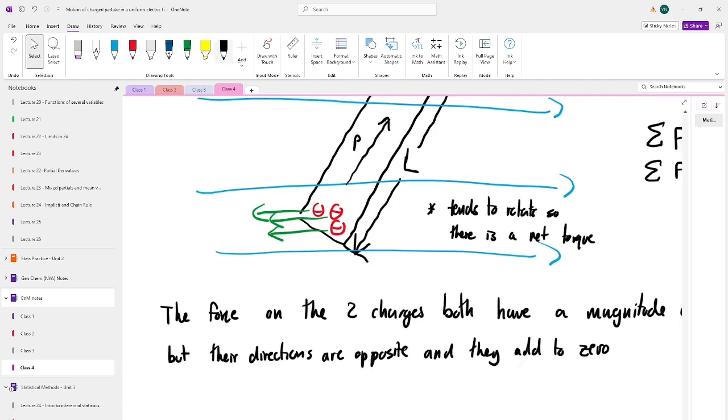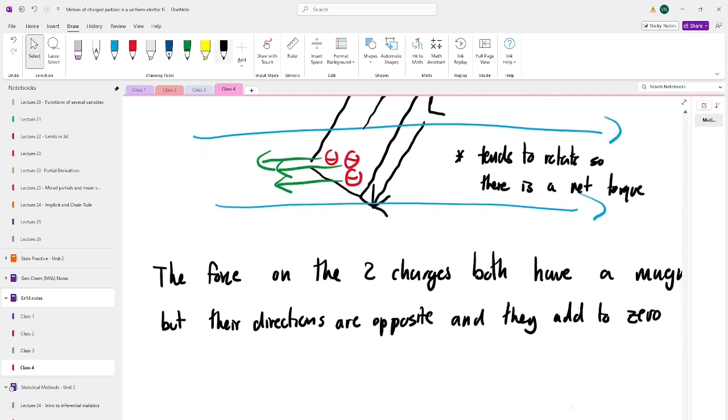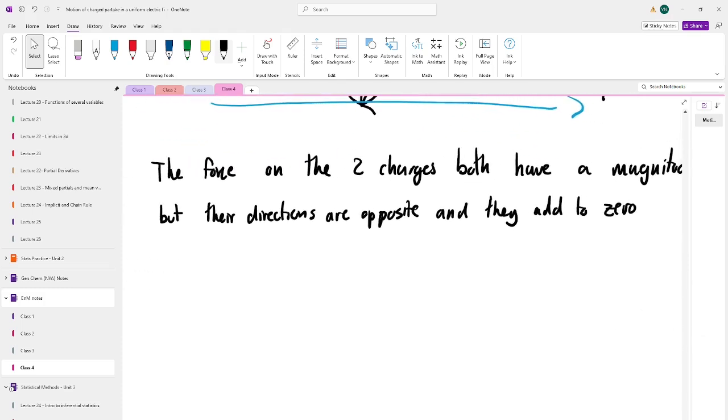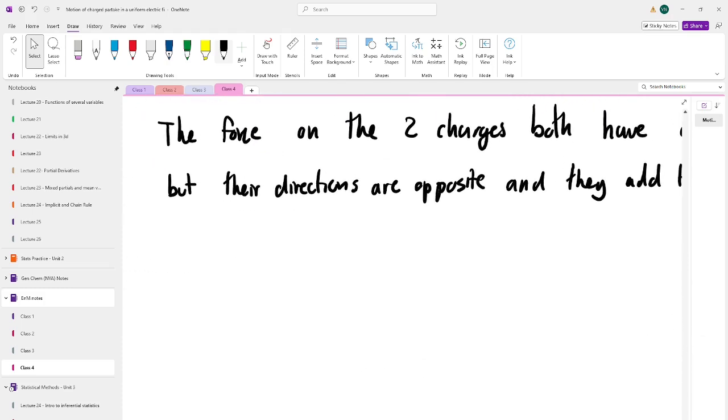Okay. So let's quantify the torque now. First of all, the force on one side is going to be equal to the force on the other side. Their magnitudes, of course, they're of opposite signs, but their magnitude will be the same, which is equal to QE.